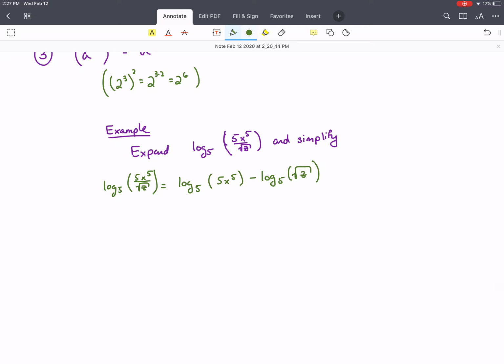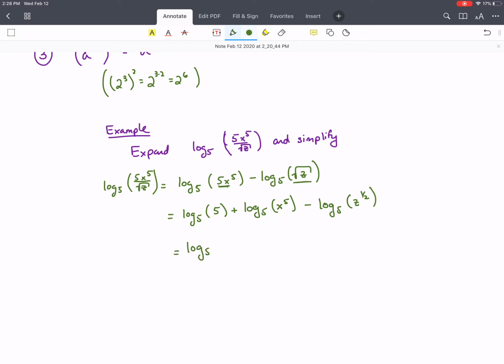Now, here I have a product of 5 and x to the 5th, so I can use that first log rule to rewrite that as a sum. And here I'm going to rewrite this as a power, z to the 1/2, so I can use my third log rule.